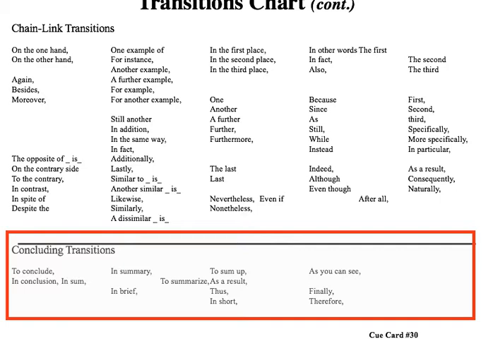So some concluding transitions are to conclude, in conclusion, in summary, in sum, in brief, to sum up, to summarize, as a result, thus, in short, as you can see, finally, and therefore. Notice that all of these transitions have a comma after them. That is very important.